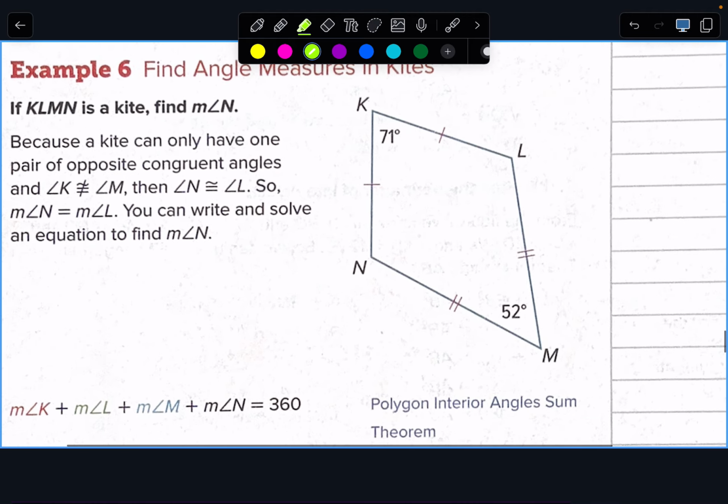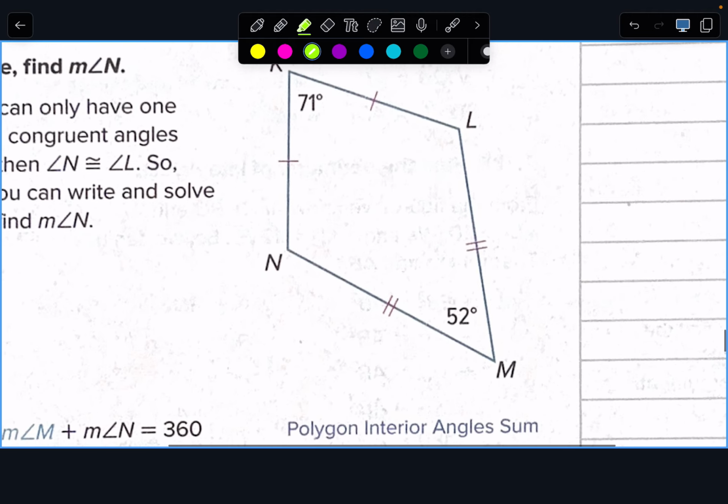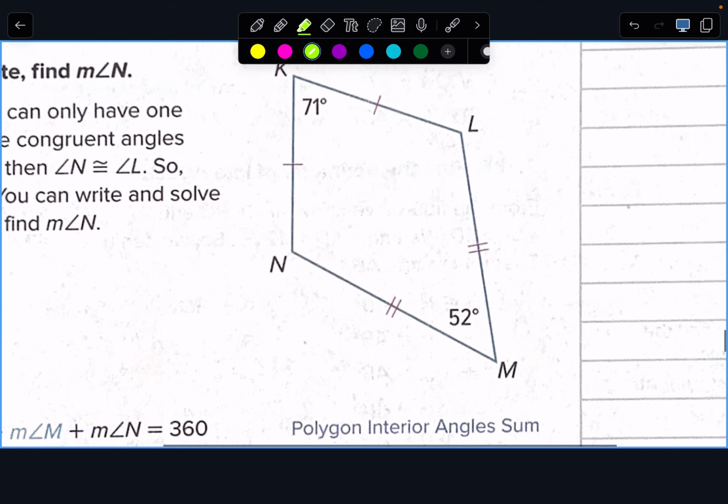Okay, so look at this example 6. Is it a kite? It is a kite because these two sides are congruent and these two sides are congruent. There is exactly one pair of opposite angles that are congruent. What opposite angles are going to be congruent?